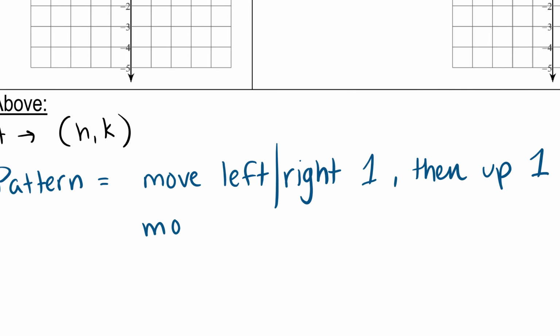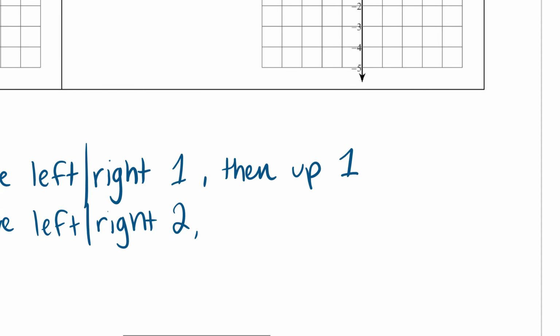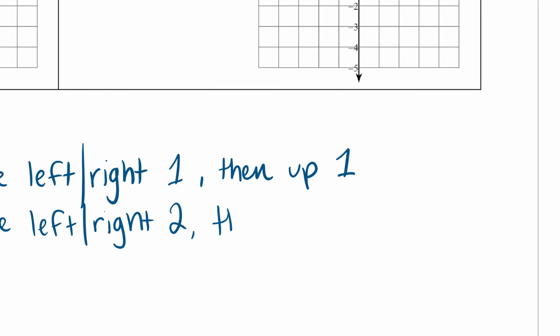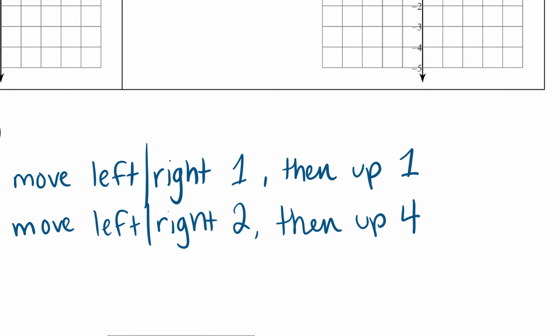Then again from the center, or from the vertex, you move left and right 2, then up 4. Again, this may not make as much sense writing it out. The reason we go 1, 1, 2, 4 is because this is an x squared.